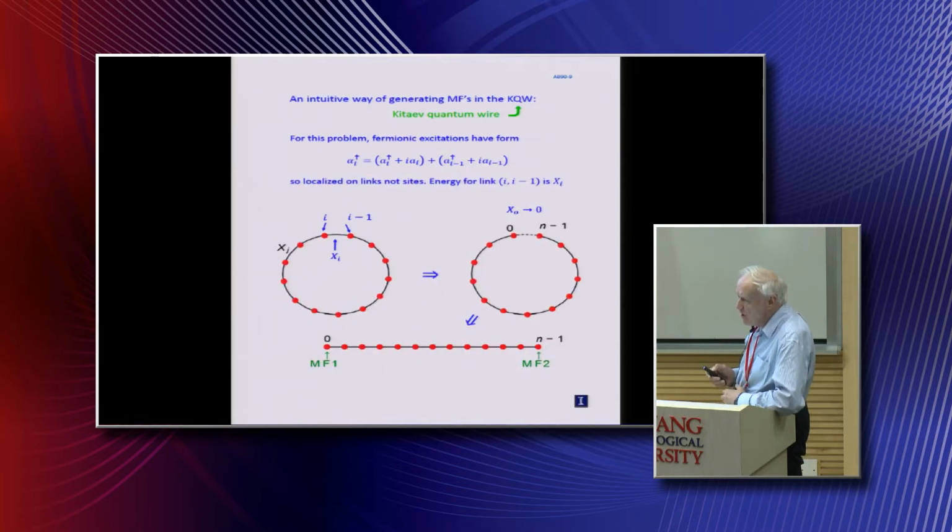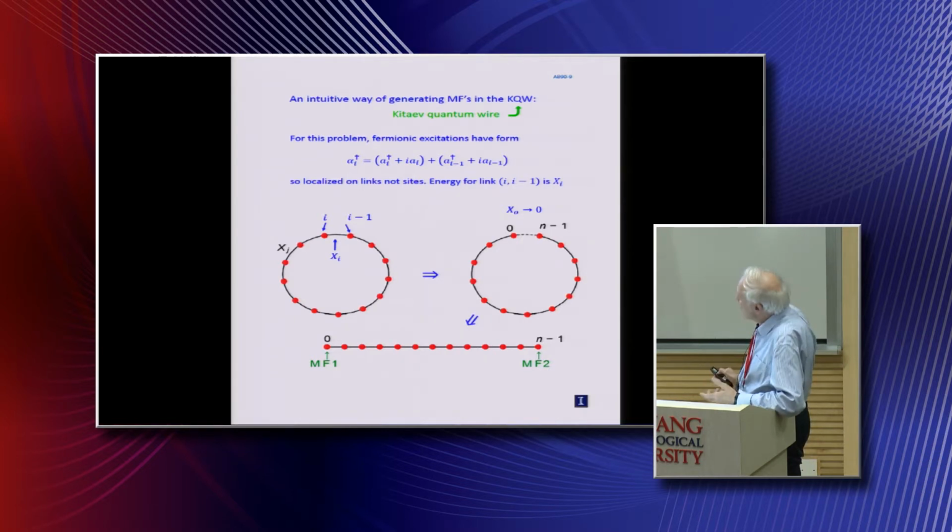I think a very nice implementation of the idea of a Majorana fermion, which helps one's intuition a lot, is the so-called Kitaev quantum wire. This is a nice system which was introduced by Kitaev about 15 years ago now, and basically it consists of a whole lot of sites and a set of fermions on them, which can either hop individually from one site to the other, or in some sense hop in pairs, corresponding to the off-diagonal terms in the Hamiltonian.